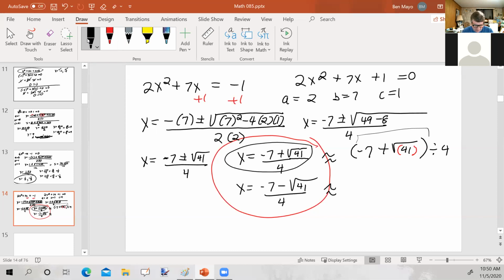So putting that into the calculator, parentheses -4 plus the square root of 41, close up the square root, close up the entire numerator, equals, divided by 4, and I get, let's see here, what do I get?